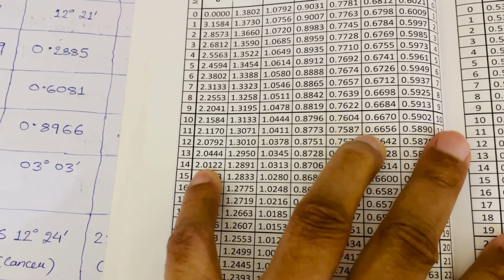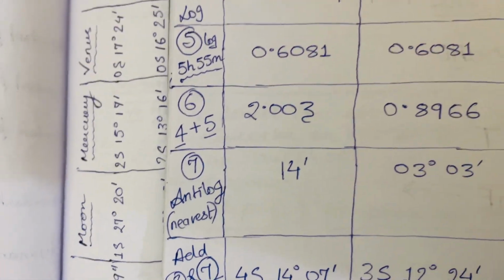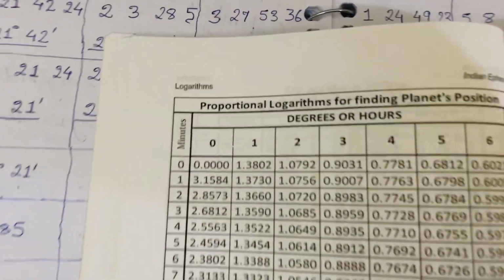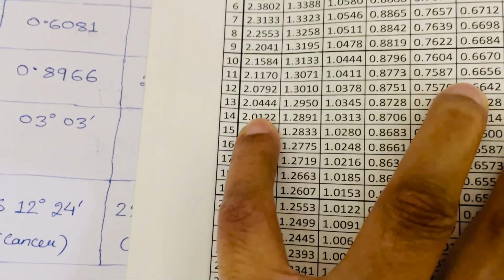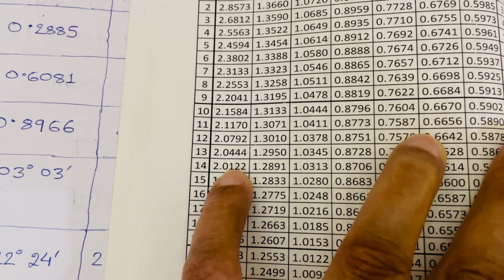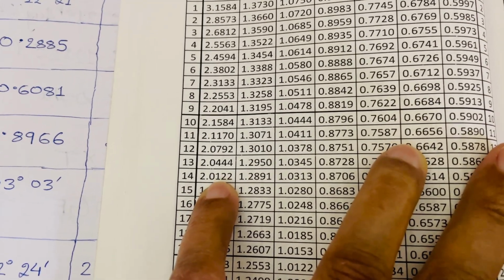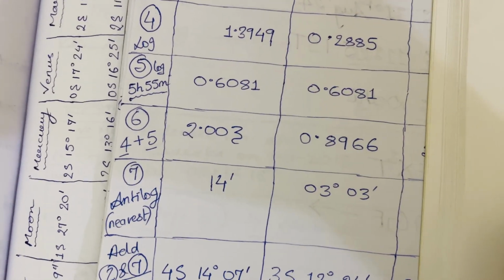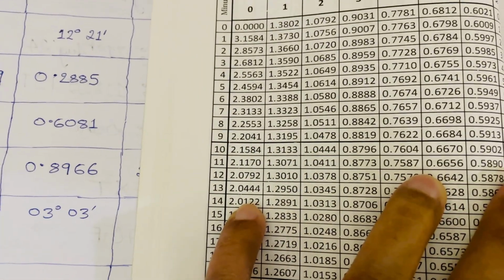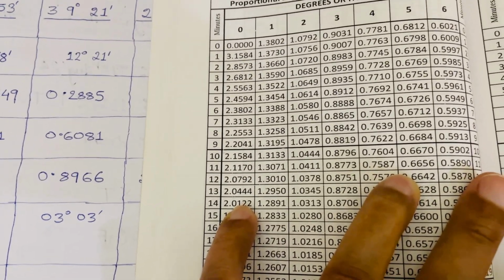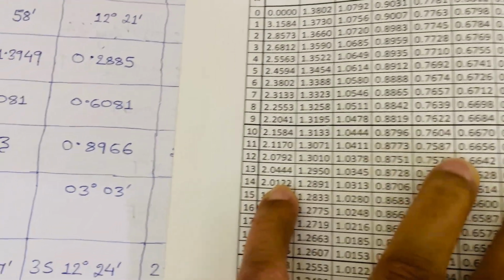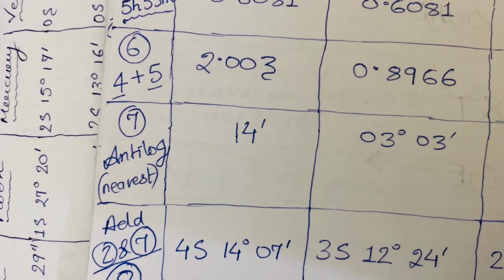Again, I am repeating, under 0 degrees and 14 minutes, the value in our book, 2.0122, is the nearest value to 2.003. So the antilog value of 2.003, the value that we will take, is 0 degrees 14 minutes, or just 14 minutes.